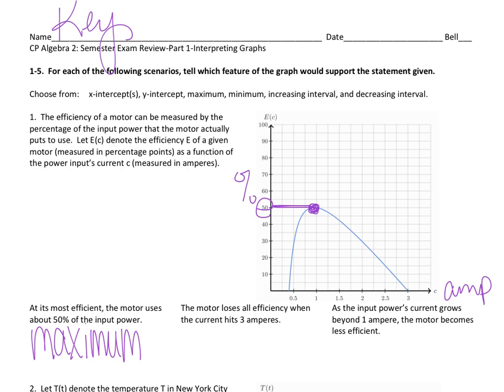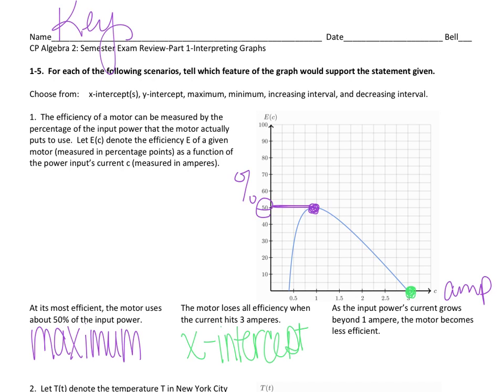The second question is talking about when the motor starts losing its efficiency when it hits 3 amps. So there's 3 amps, and that happens to be on the x-axis, which means that we're finding that information from the x-intercept.